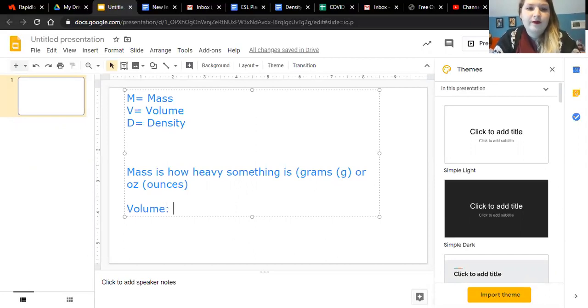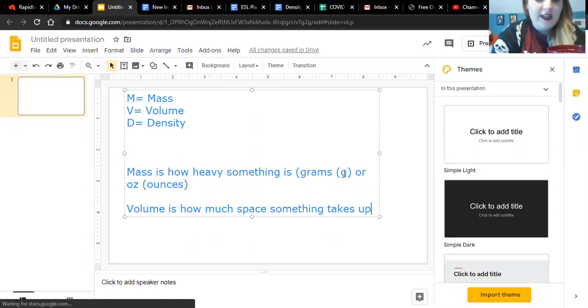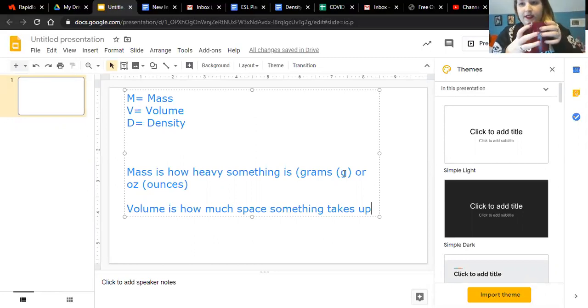Volume is how much space something takes up. So I have this cup full of tea. I don't know if you guys can see that. The volume of this tea is based on the cup. How much of the container does it take up? So if you guys look at this, it's pretty full to the brim right now.